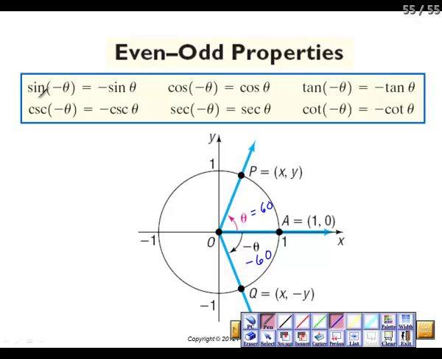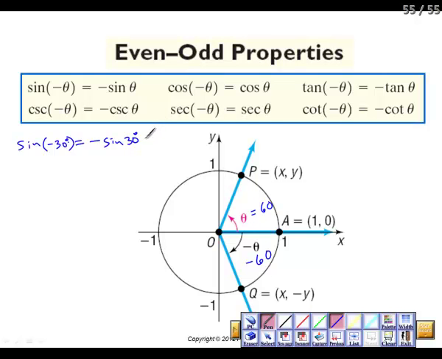With the even odd properties, when we have sine of a negative theta, that equals negative sine theta. In other words, if we have sine of negative 30 degrees, that would be the same thing as negative sine 30 degrees.